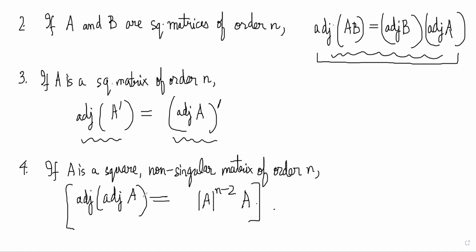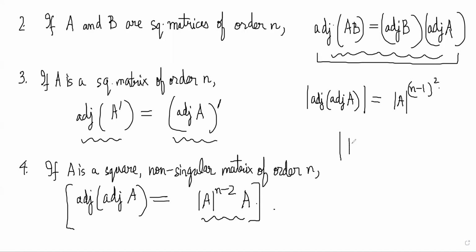If you take the whole det, you will easily see that it fits the formula that we got earlier. According to the formula that we saw earlier, it should have been det of A to the power (n minus 1) square. If I take det of the right hand side, this is like a constant, n times.